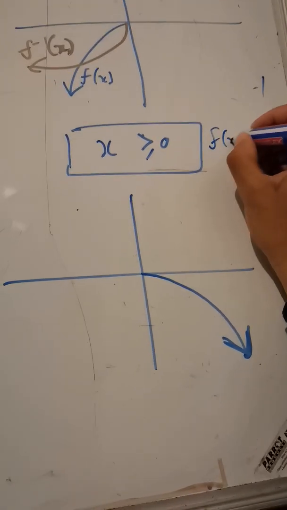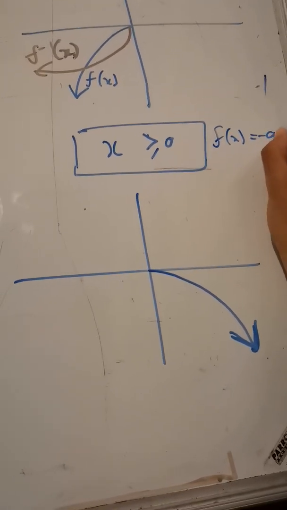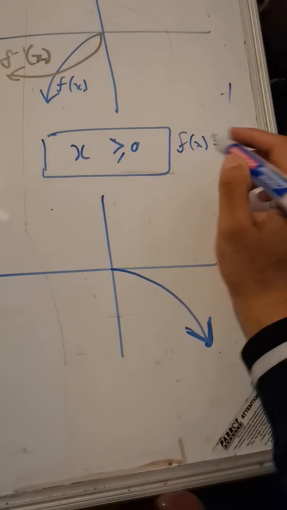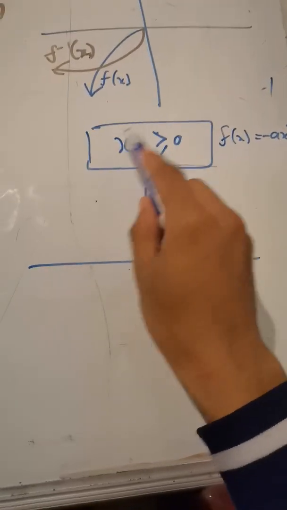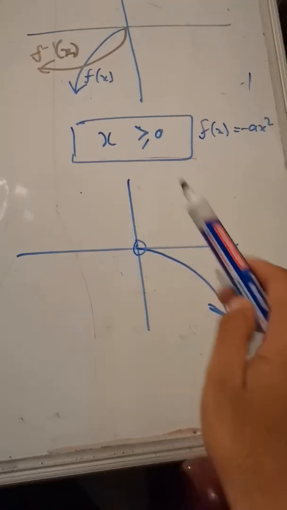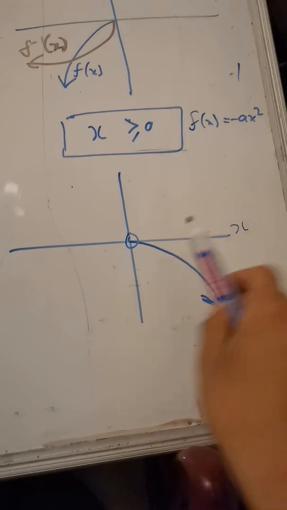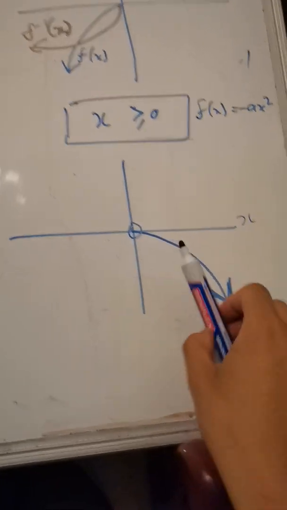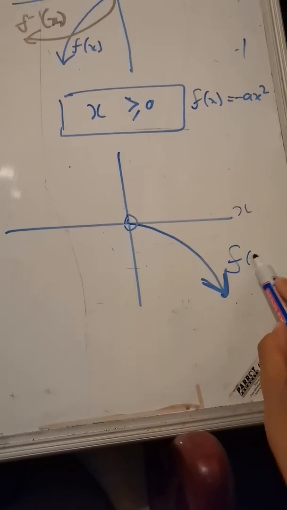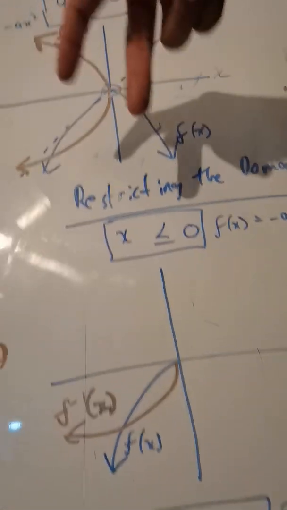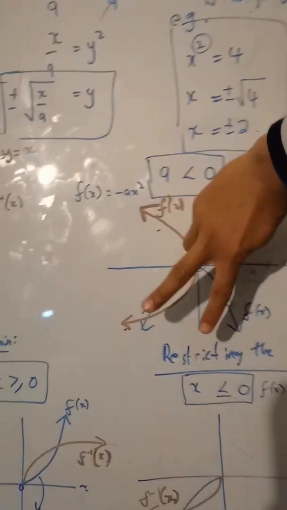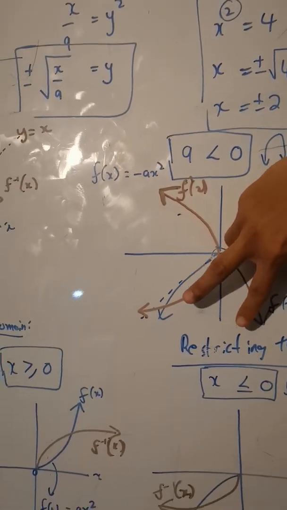So the function of the graph is still f of x is equal to minus ax squared, but in this case we say that x must be more than or equal to 0, meaning that x must always be to the right of 0, which is this arm over here. So the inverse of that graph is, just look at my index finger over here.